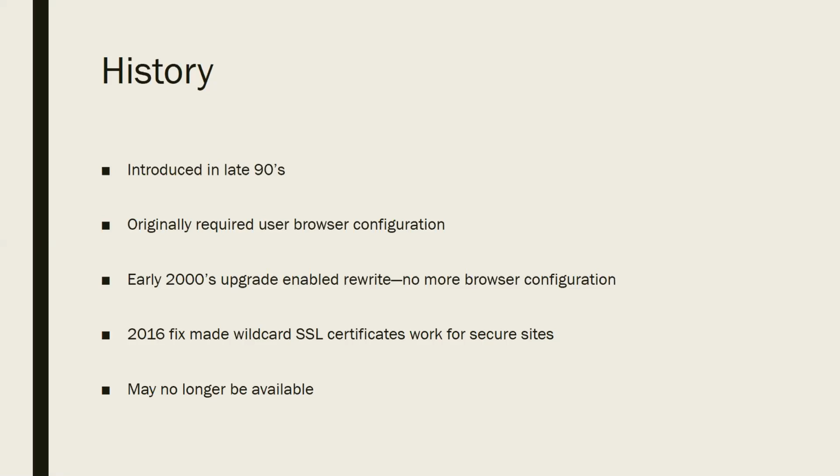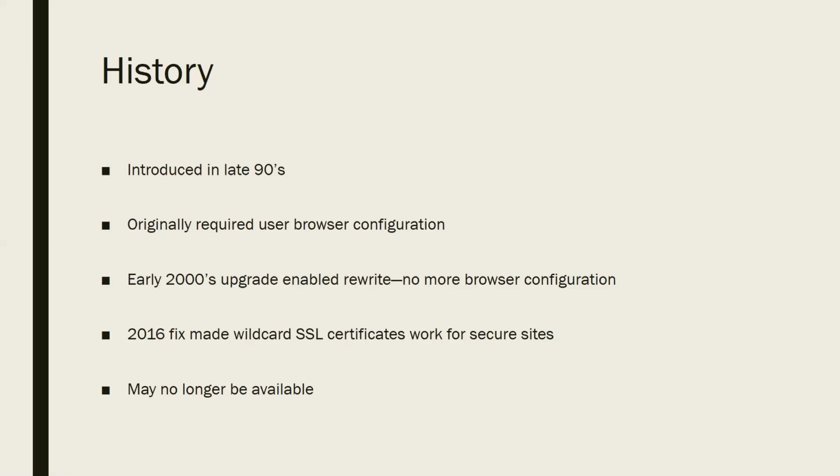Initially, you had to have what's called a SAN certificate, I think it's a subject alternative name certificate, so that you had to enter every address that was a secure site onto your security certificate.